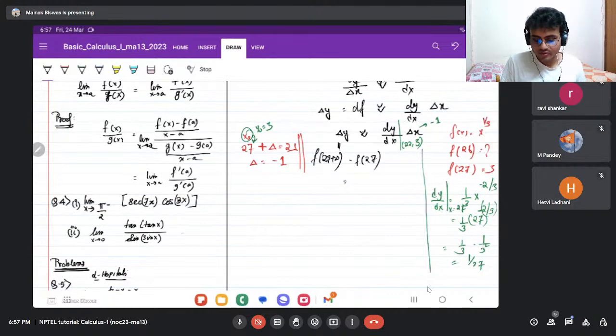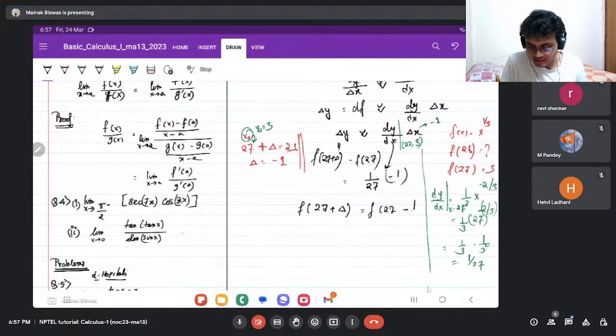We defined this before. So dy/dx we have found to be 1/27, and delta x is minus 1. So f(27 plus delta) is equal to f(27) minus 1/27, and delta is equal to minus 1.